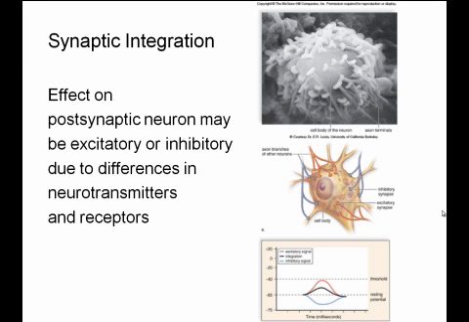What if instead of opening a sodium channel, we open a chloride channel? Chloride is negative, and if we allow negative chloride to move into that postsynaptic cell, that's going to make it more negative on the inside. That would push it further from threshold, and that would inhibit that cell from initiating a nerve impulse.